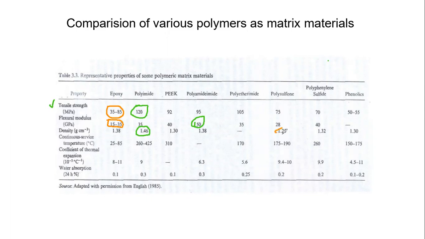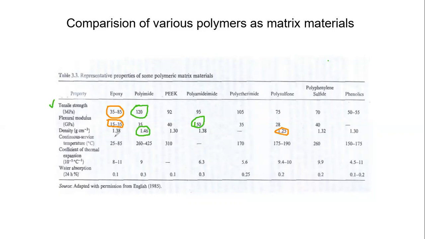So polysulfone has the lowest density, that is 1.25 grams per cubic centimeter, which is very low for the polysulfone.